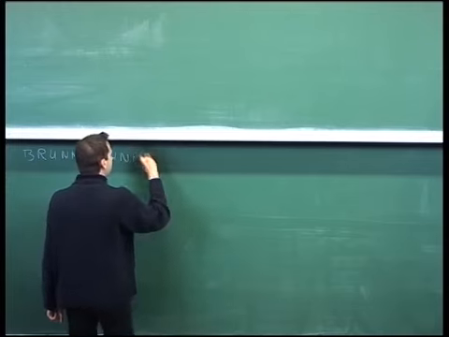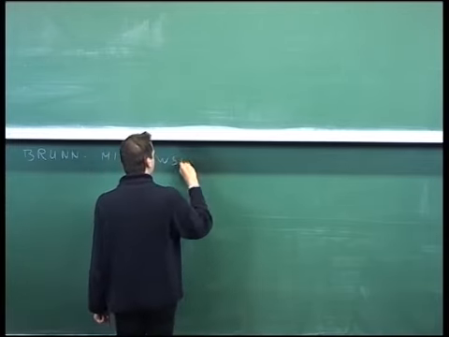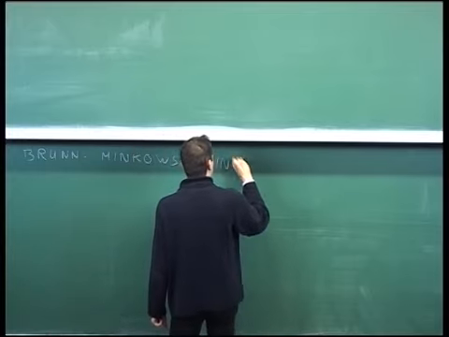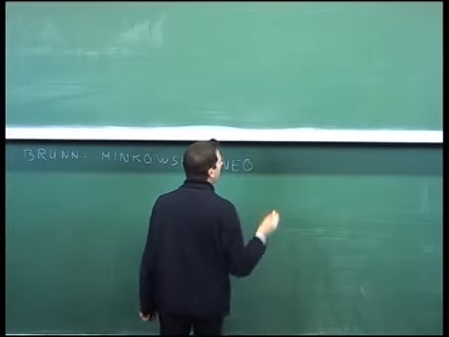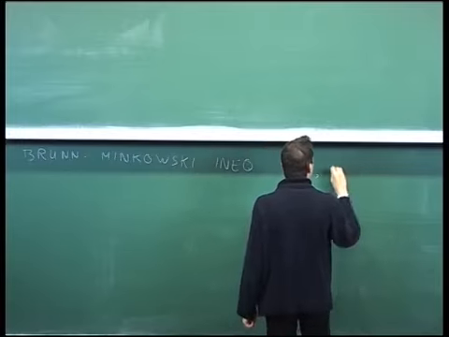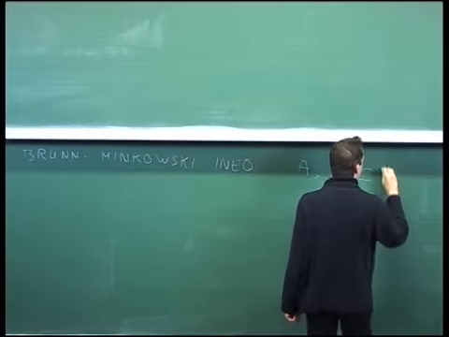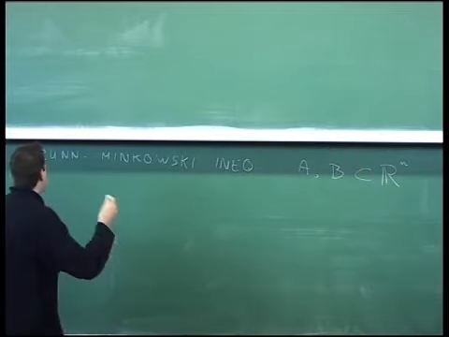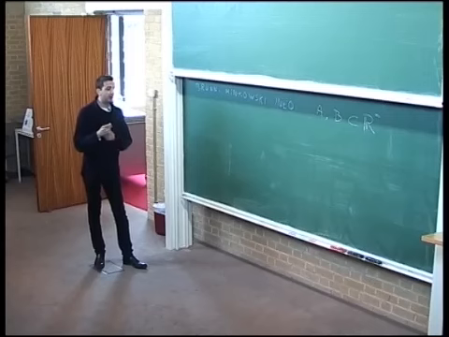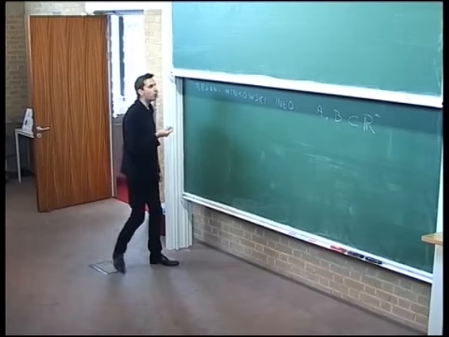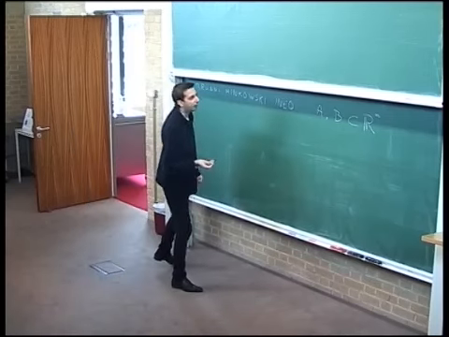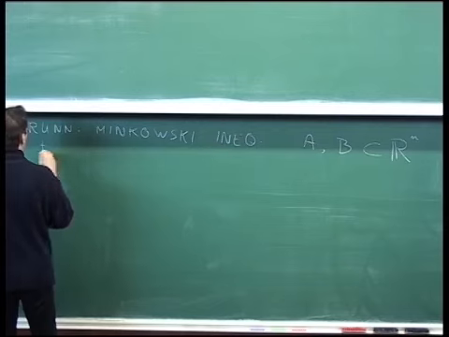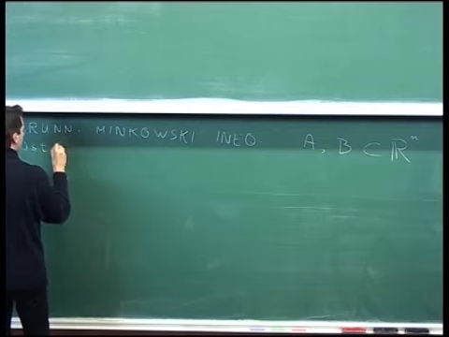So you take two sets in R^n. You take A and B, two sets in R^n with finite volume. And you're going to study the set of midpoints of A and B. So you choose a parameter t between 0 and 1.